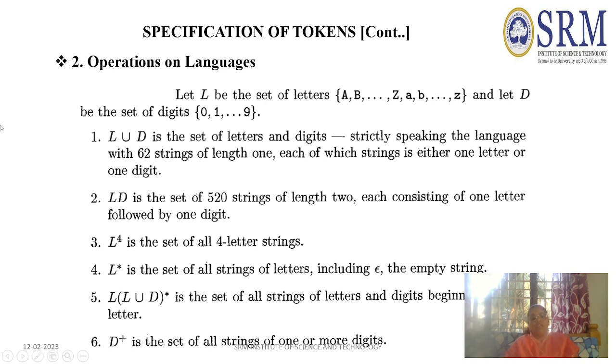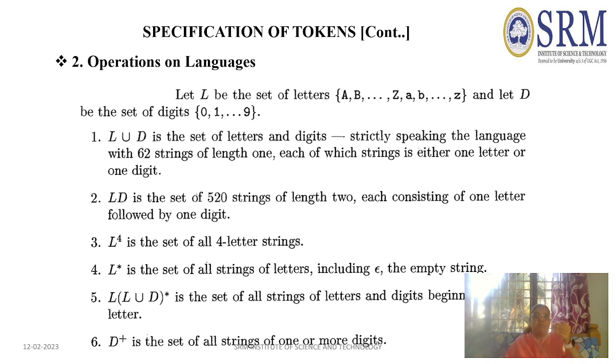Okay. And then LD, here it is a concatenation operation. What is a concatenation operation? Here they have defined 520 strings for length 2, which means A1, A2, A3, A4, A5, A6, A7, like that. For A alone, A9 is going to be there, right? So 10 strings.